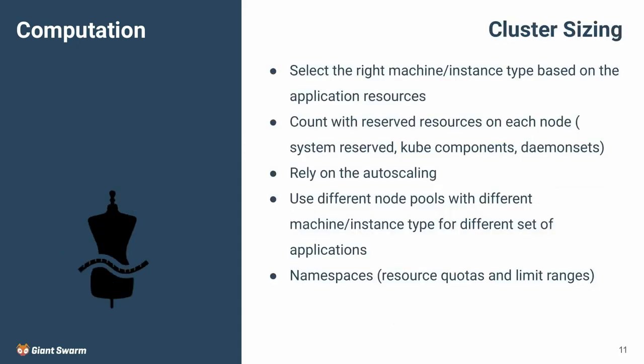So how do we do that? We have to be really careful when we choose the right machine instance type. And that will at the end determine how many machines we need, and how these applications are going to be distributed on the nodes. So granularity: will we have 100 pods in a node, or just 3 or 4?